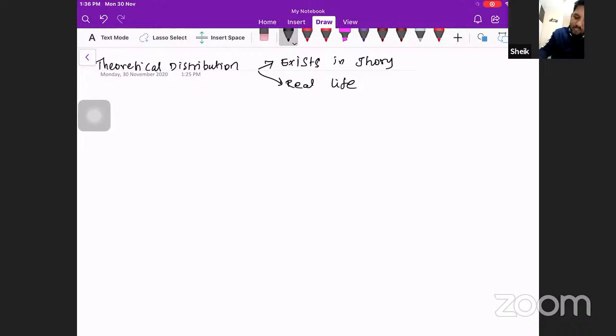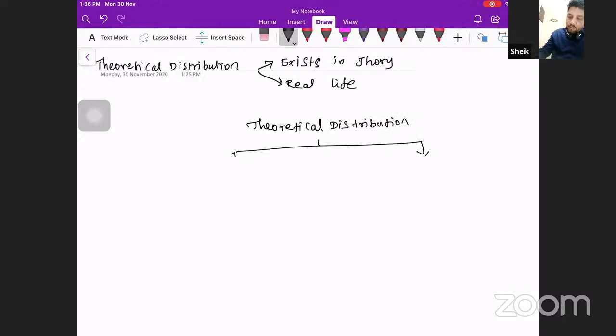As far as our syllabus is concerned, theoretical distribution is bifurcated into two parts. One is discrete distribution and the other one is continuous distribution.